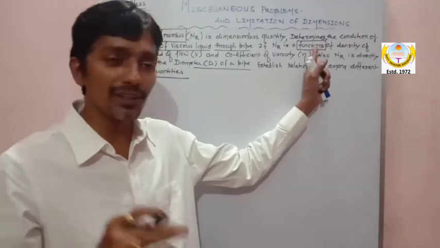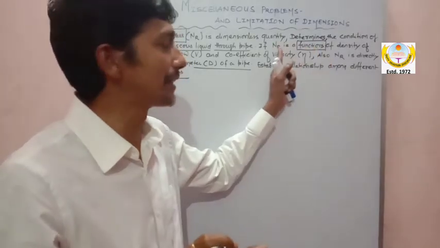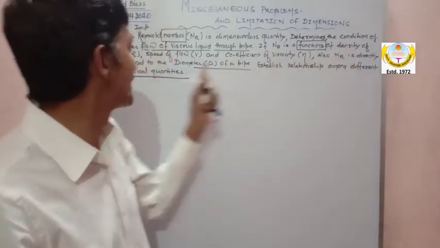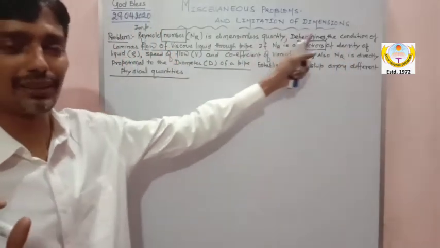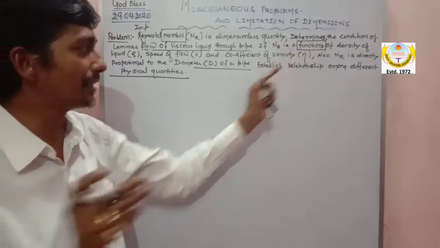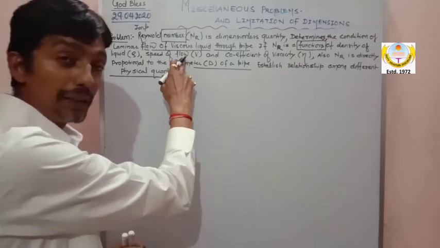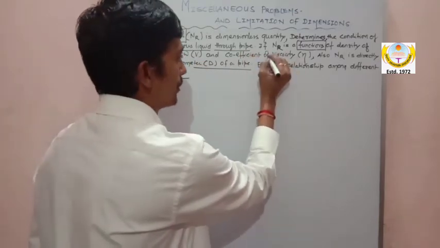So function is also a word related to depend. So take care, here it means Reynolds number depends on the density of the liquid, that is rho, clear. Function means depend. So Reynolds number depends on the density of the liquid, on the speed of flow denoted by v, and on the coefficient of viscosity denoted by eta.